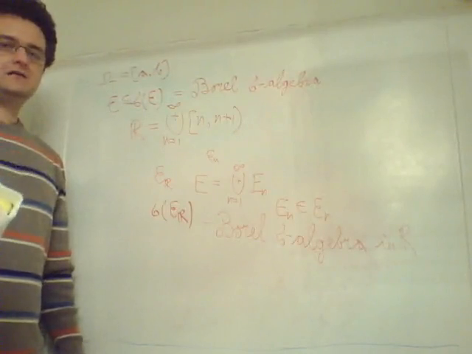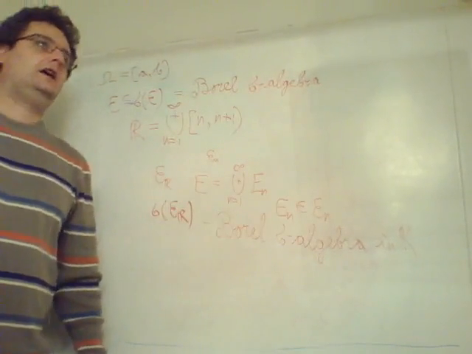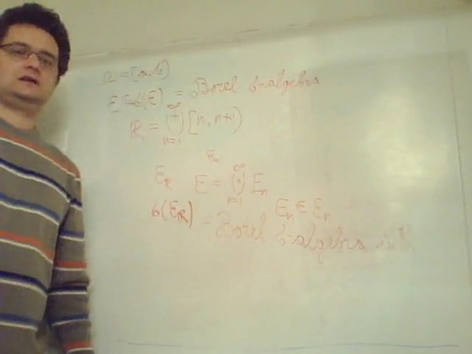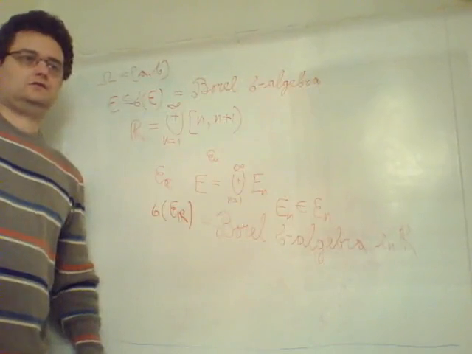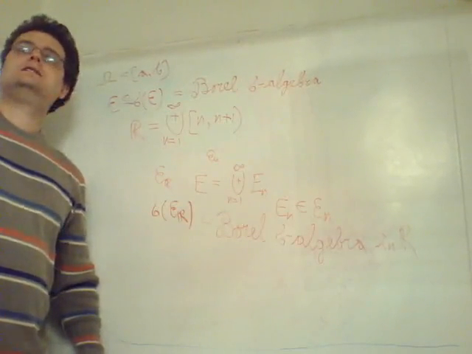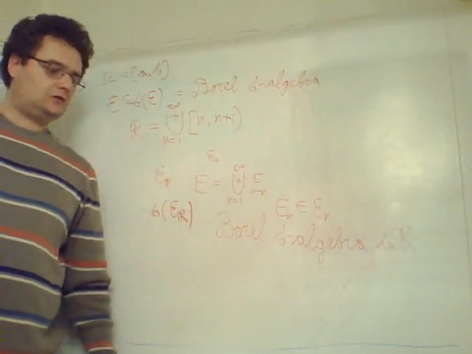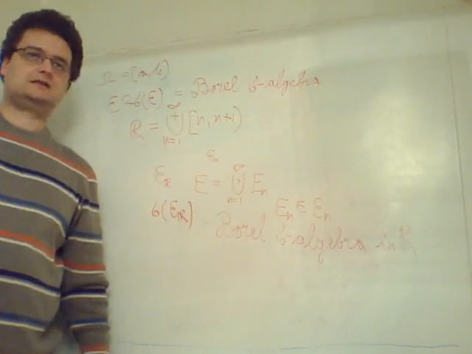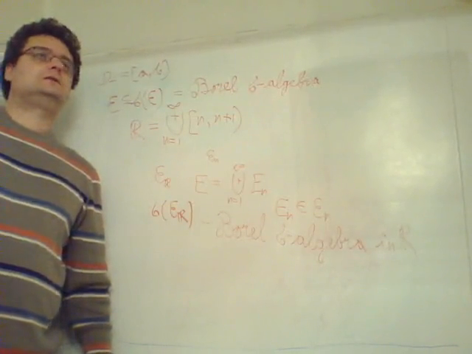So rectangles are some sort of two-dimensional intervals, and we build the algebra of elementary sets through those rectangles, and then build the minimum sigma field containing those elementary sets.